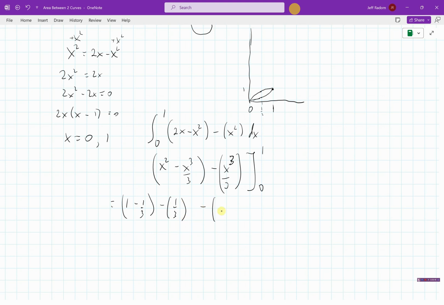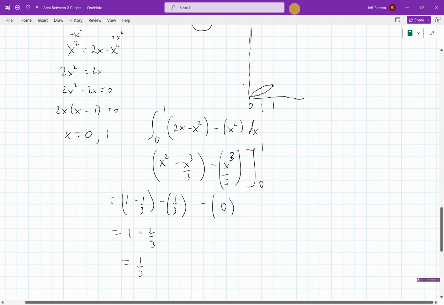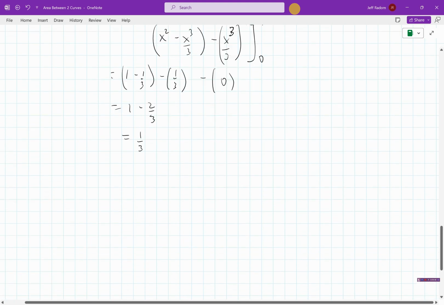Minus putting 0 in gives us a whole pile of zeros again. So we have 1 minus 2/3, and 1 take away 2/3 would be 1/3. So the area between those two curves is 1/3.